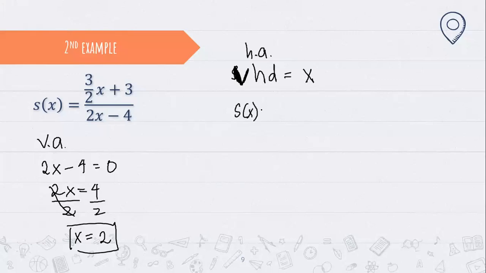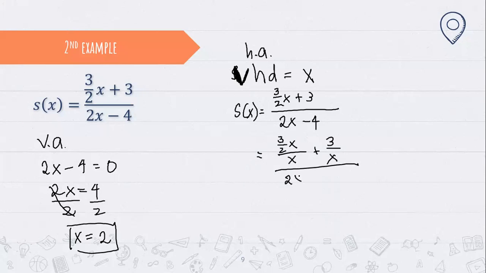S of x is equal to 3 over 2x plus 3 all over 2x minus 4. Divide each term by our variable with the highest degree.